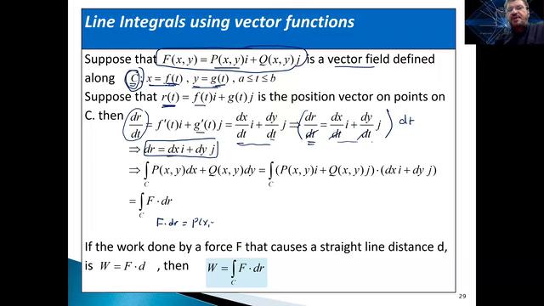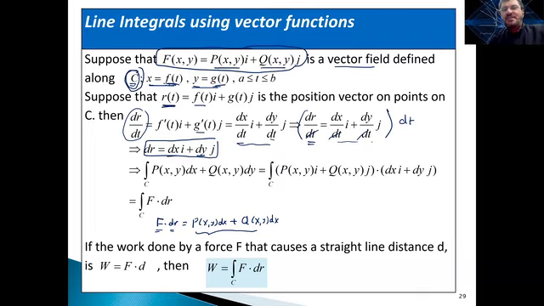P of x, y dx plus the second component times the second component, which is Q of x, y dy. So what is this? F dot dr, the vector field times the rate of change in the position. It's called the displacement. If I do that, what do I get? I get this one.